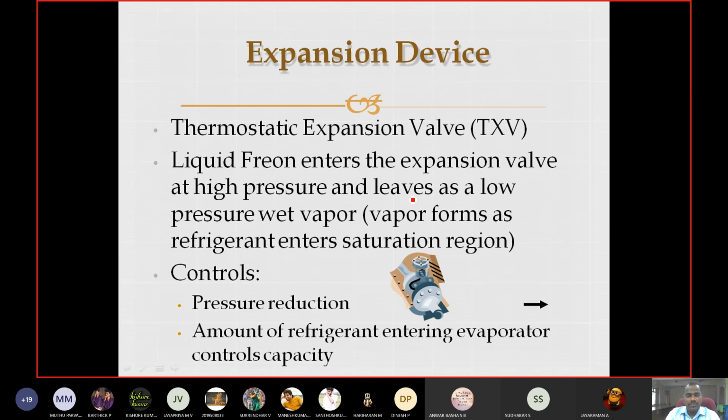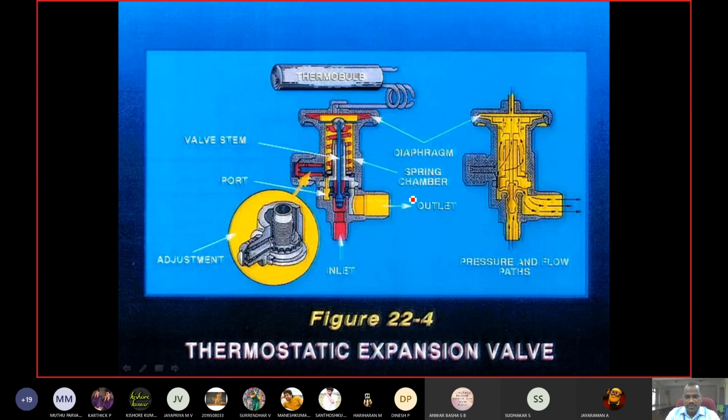Normally, this freon refrigerant is used in our commercial refrigerator. So this TXV is used to get the expansion of this freon. This is the diagram of our TXV, thermostatic expansion valve. There are a lot of components that we need not discuss.